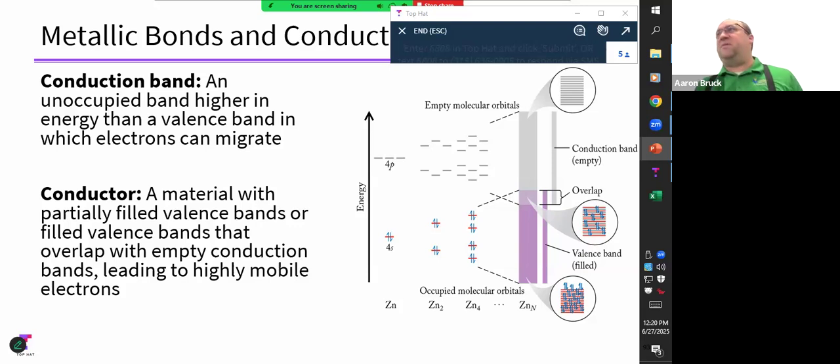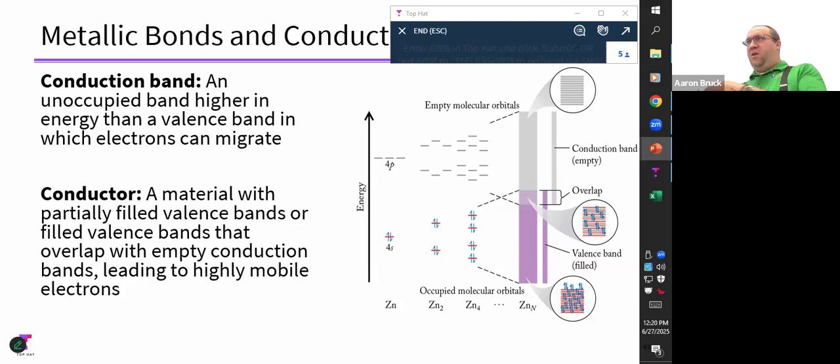And the reason for this is because if those orbital bands overlap, then that means that electrons can travel from the open band to the unopened band, the occupied to the unoccupied, relatively easily and conduct electricity very, very well because the electrons are free to move all throughout the metal sample.